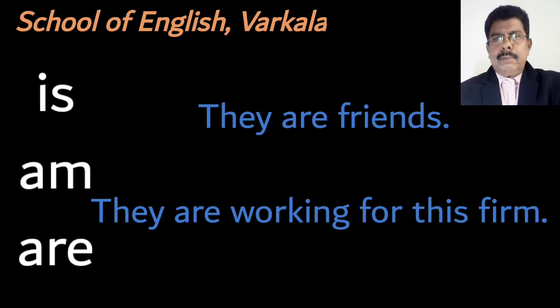Why? Look at this sentence. They are friends. In this sentence, are is used as an independent verb. It stands independently. It's not helping any other verb. Whereas in the second sentence, they are working for this firm, are is supporting the verbal form working in order to make it a present continuous verb.